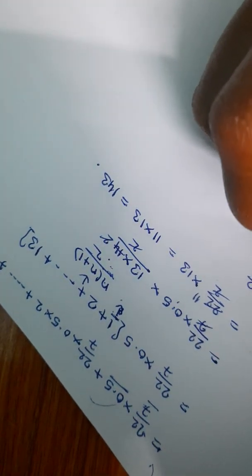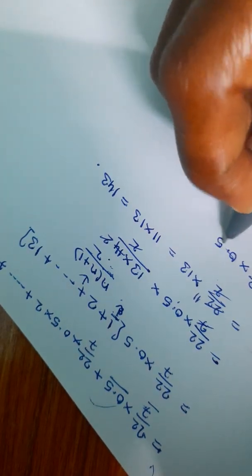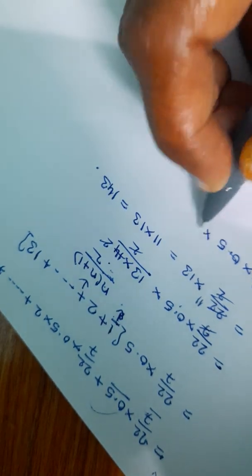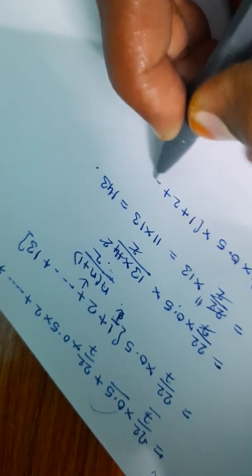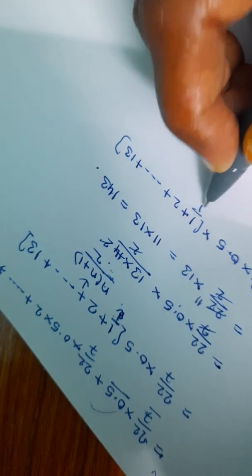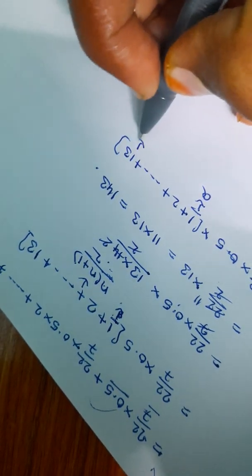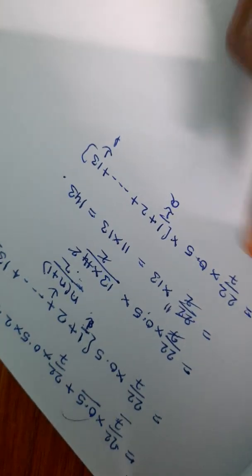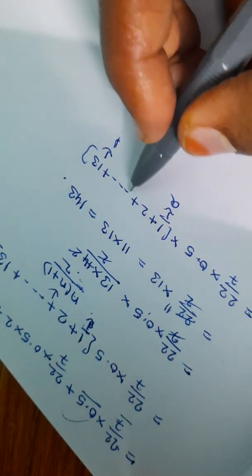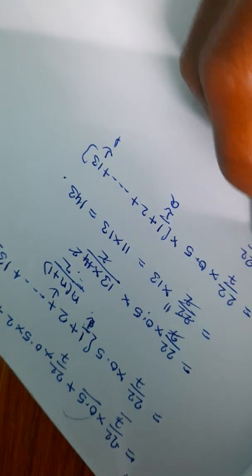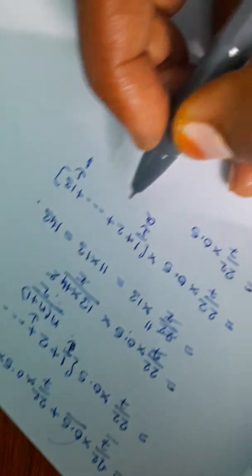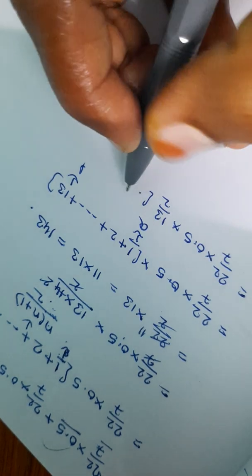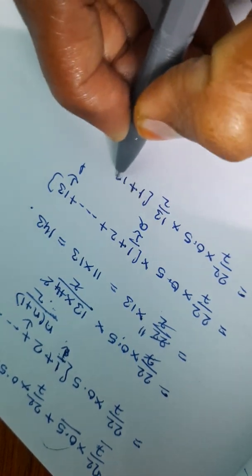Or else, we are solving an arithmetic progression. Here 1 is the first term, a, and 13 is the last term. The total number of terms n is 13, so the sum is 22 by 7 into 0.5 into 13 by 2 into a plus l, that is 1 plus 13.